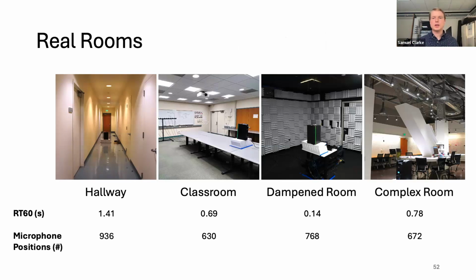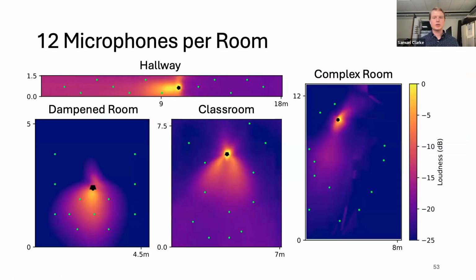So in order to approach this problem, we started by collecting data sets of room impulse responses of real rooms of different acoustic properties. Here we have the hallway, which is very reverberant, a classroom, which is a little more normal. We also had our dampened room. And we also wanted to show that our model could work in more complex geometry. We collected hundreds of microphone positions, but we wanted to show that our algorithm could work in much lower data regimes.